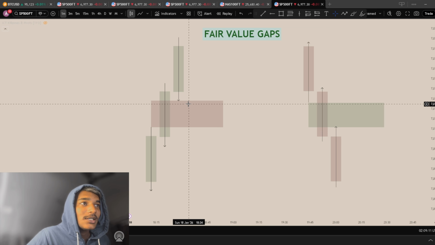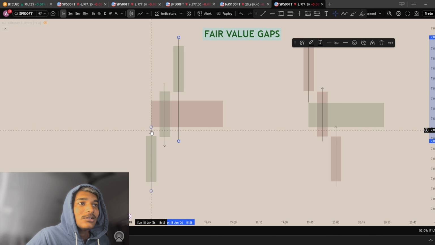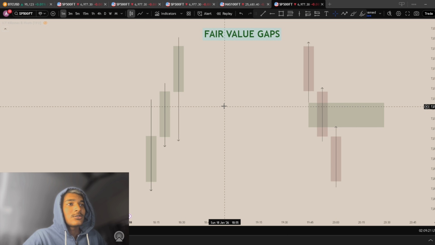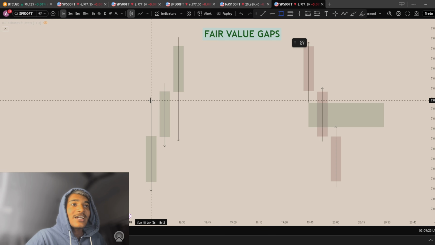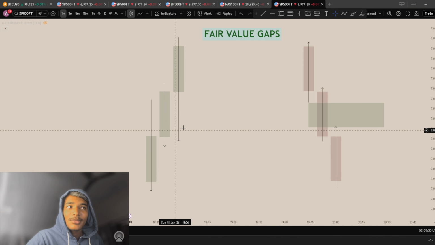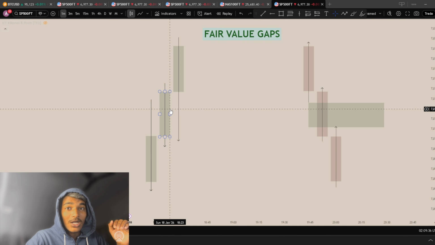Now imagine the candles are like this. The wick of the first candle is here and the wick of the second candle is here. Is there any gap in between? No. If there is no gap, then there will be no fair value gap.